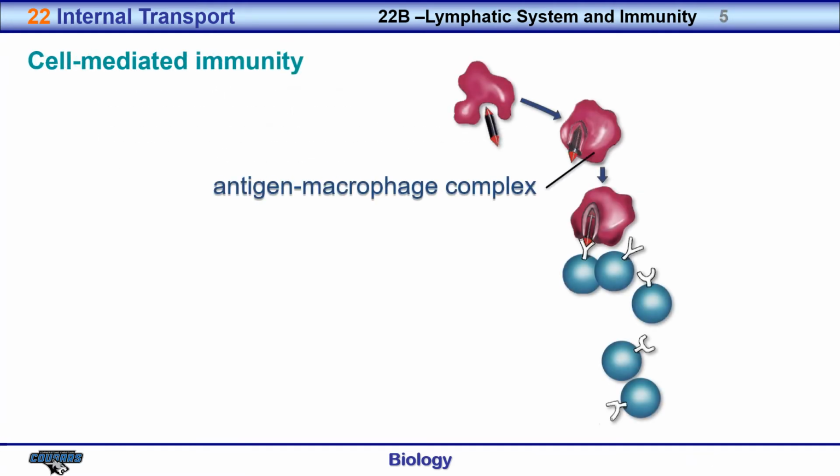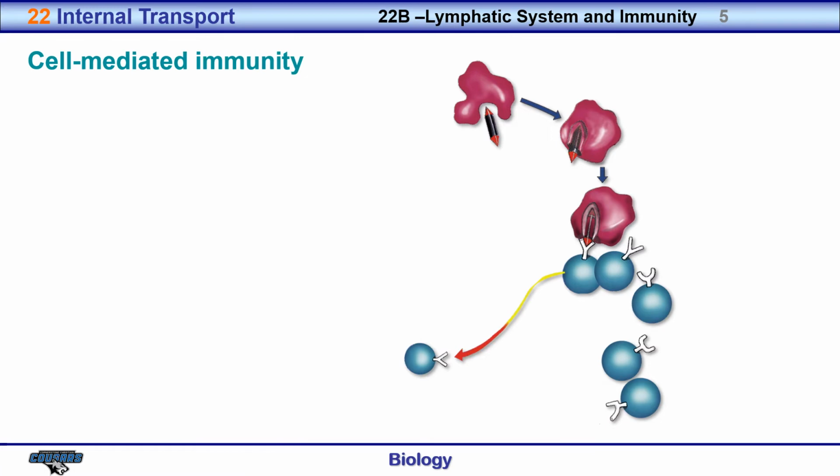So here we have the antigen macrophage complex. We have the helper T cells, and these helper T cells will make other helper T cells. They'll also make these cytotoxic T cells. So they're kind of like a specialized T cell.